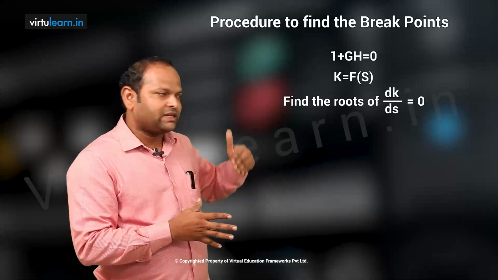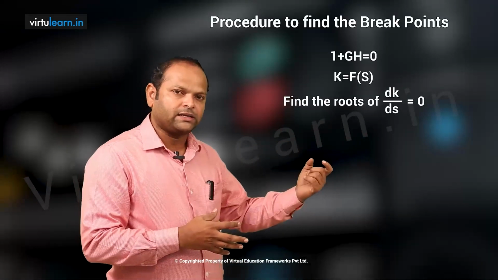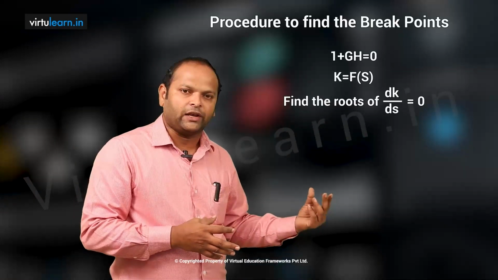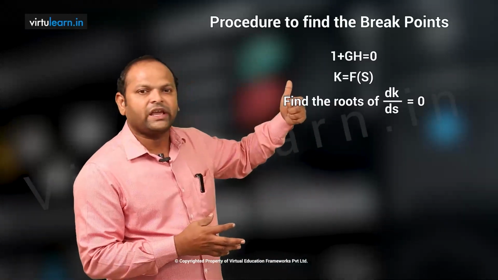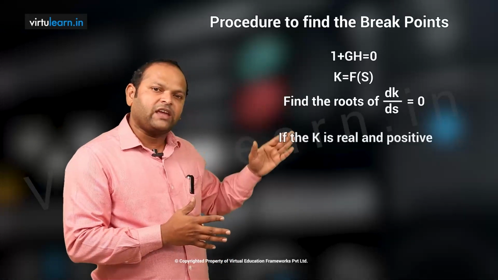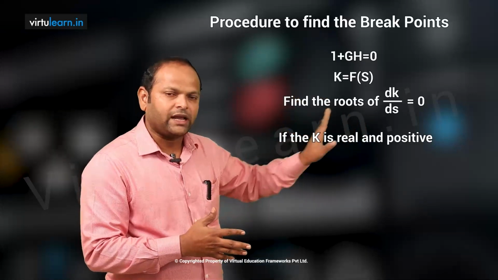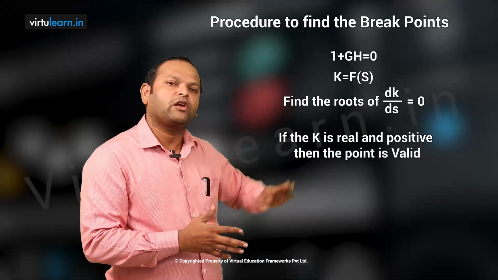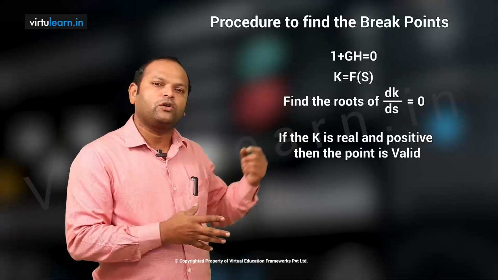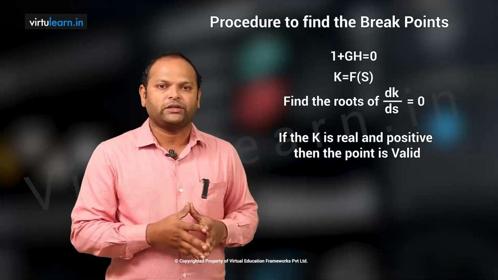But sometimes there are complex breakpoints also. If the roots are complex, take that complex value, substitute it in the equation K equals f(s) and find the K value. If the K value is real and positive, that complex point is also a valid breakpoint.